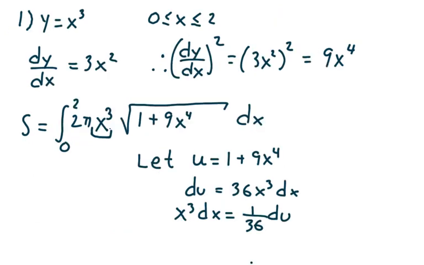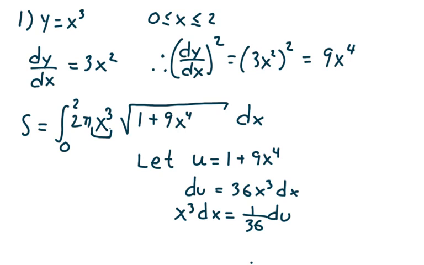Let's take a look at some examples. Suppose we have y equals x cubed, where x is greater than or equal to 0 and less than or equal to 2. dy/dx is equal to 3x squared. If I square it, I get (3x squared) squared, which is equal to 9x to the fourth.